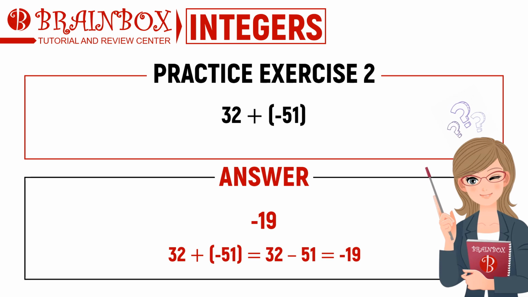Now, solving for 32 minus 51, this is a destructive combination because of the opposite signs. Therefore, we subtract 32 from 51 to get 19. Since 51 has the higher value, we follow its sign, giving us a final answer of negative 19.